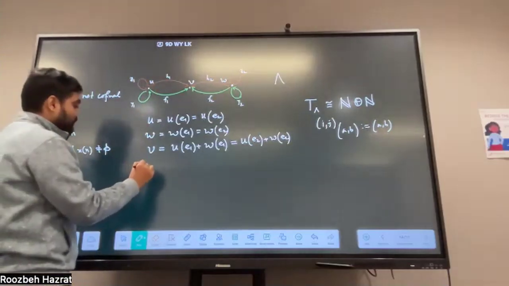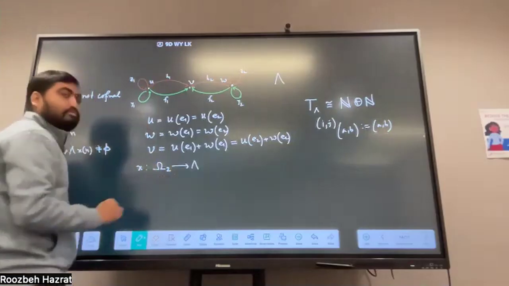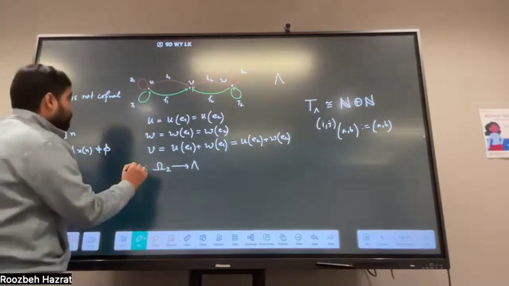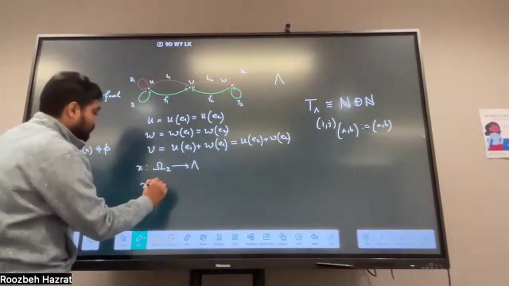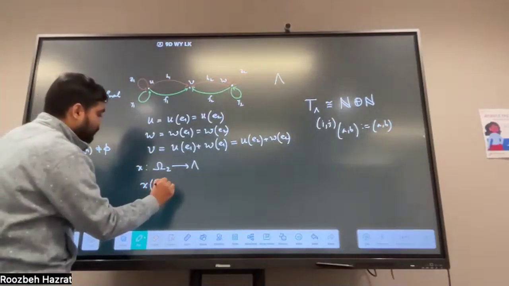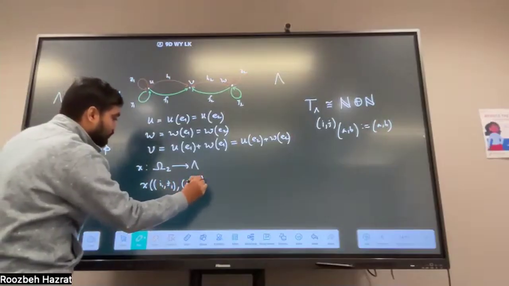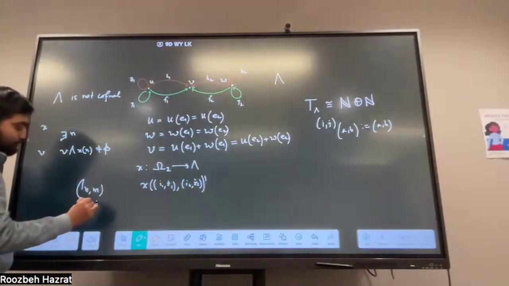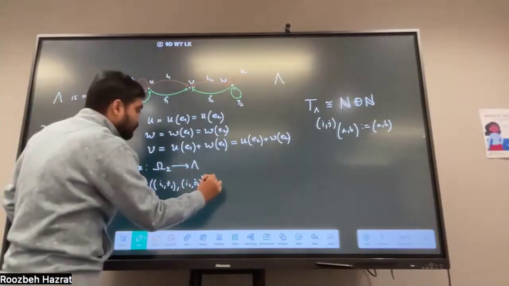Probably I should write it as a functor from Omega_2 to lambda, right? Because there is the definition of infinite paths in a 2-graph. So I am defining the images in this way. (i1, j1), (i2, j2). Again, remember the morphisms are pairs of these, right? So if you have (i1, j1), (i2, j2), you go here.